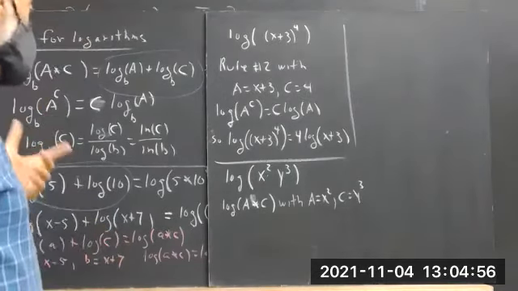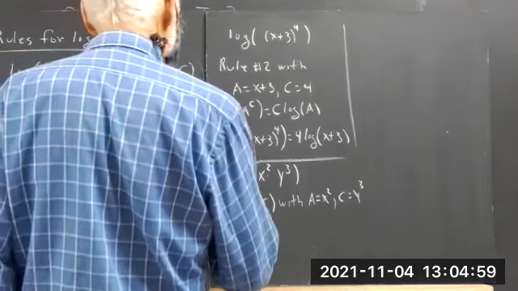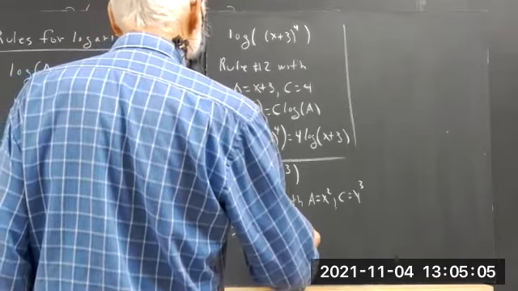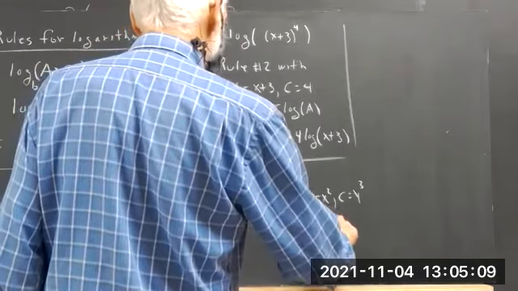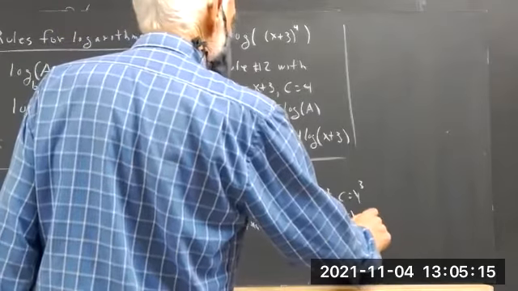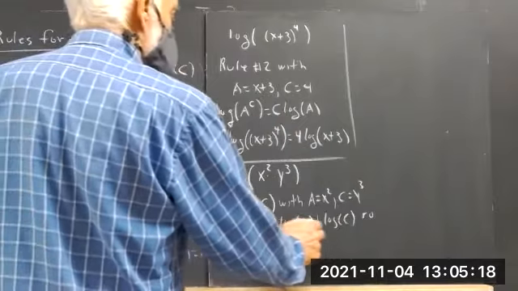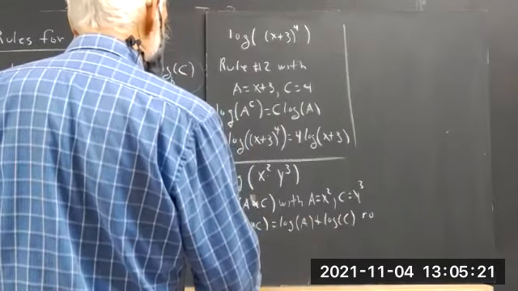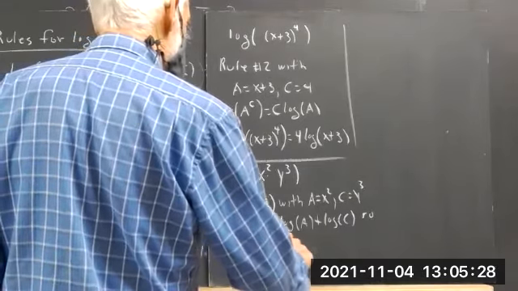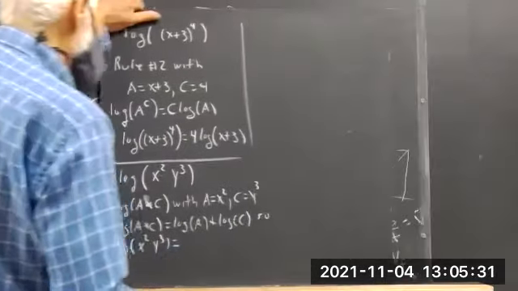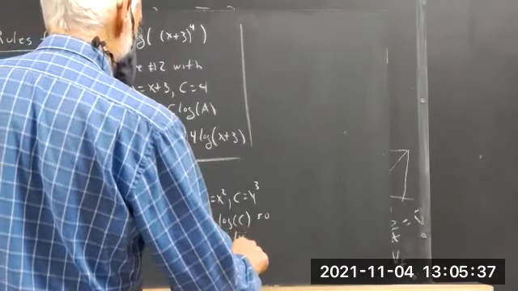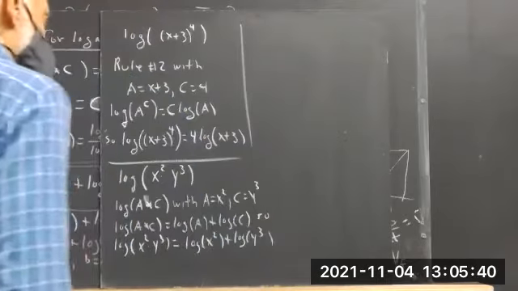Then say, well, then that's equal to log of A times C equals log of A plus log of C. So the log of A times C, which would be x squared times y cubed, equals log of x squared plus the log of y cubed.